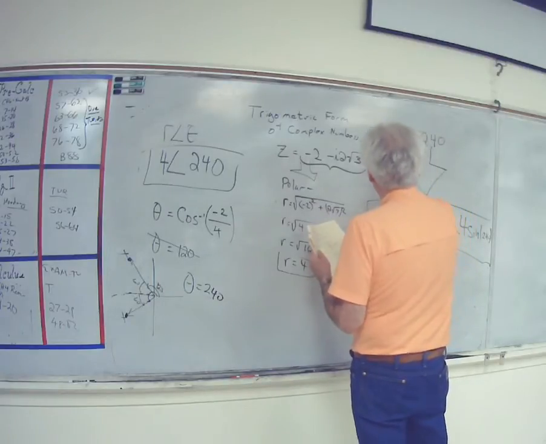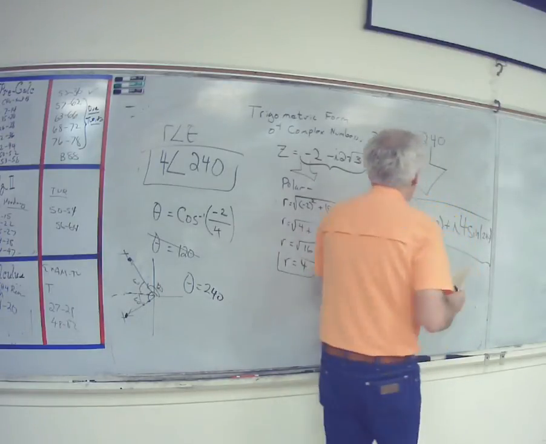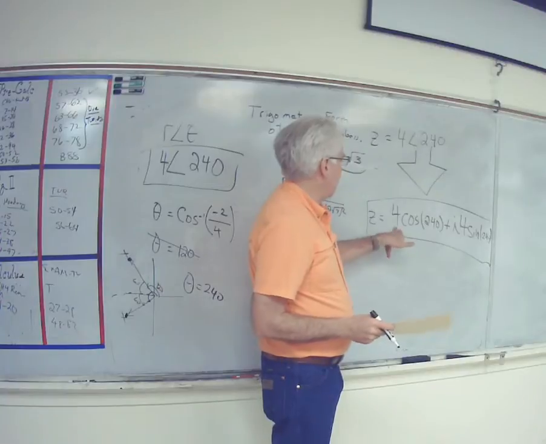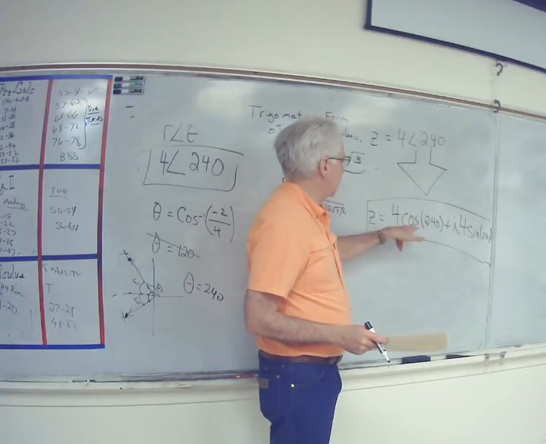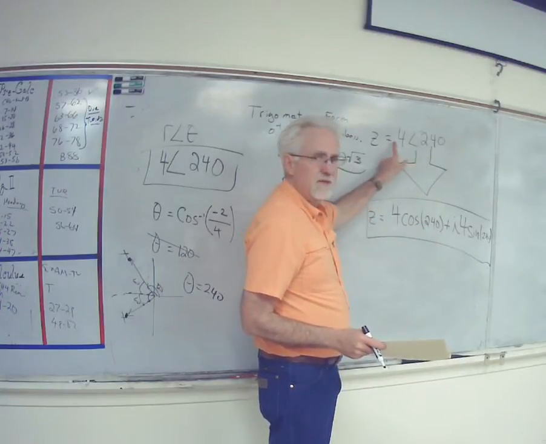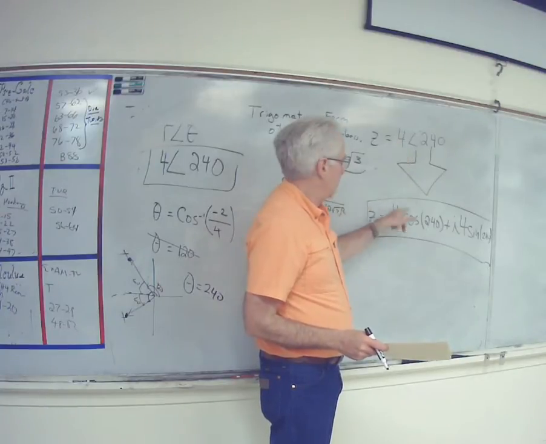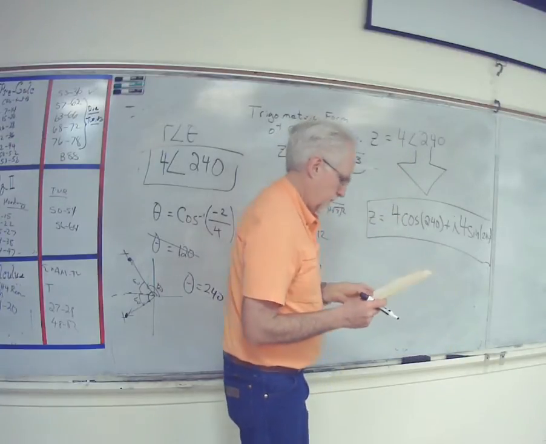So Z is equal to this. Because you see here, I'm seeing both the magnitude and the direction. This is a shorthand. But do you see these two are equivalent? Yes, sir.